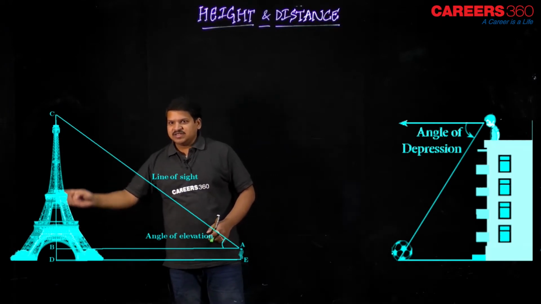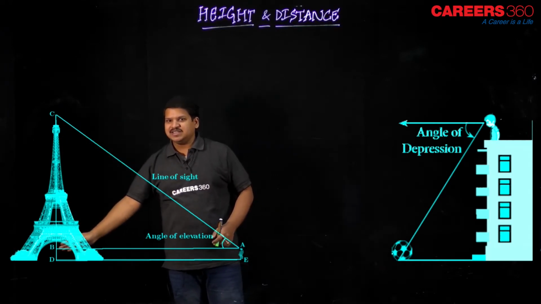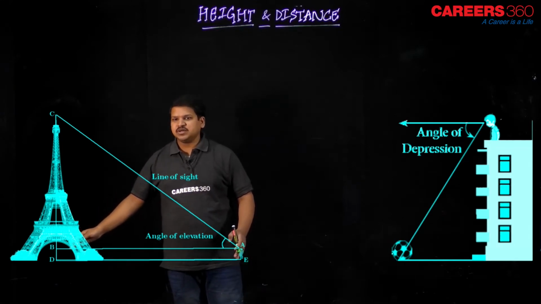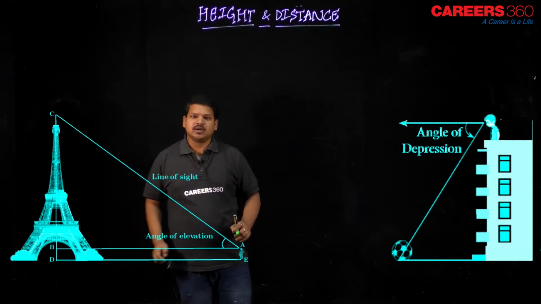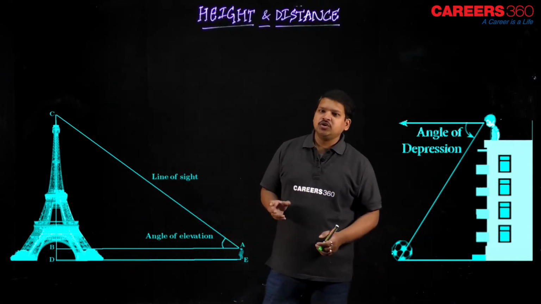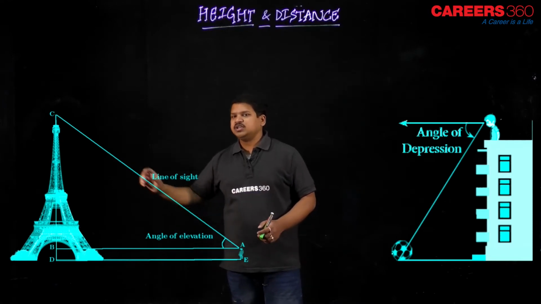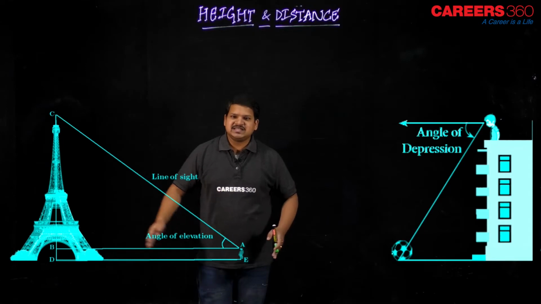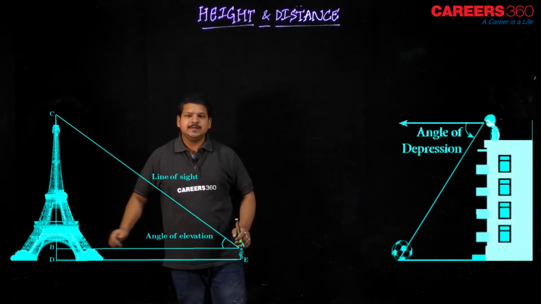As you can see, here is the height, and this is the distance from the base of the Eiffel Tower to the observer. So using some trigonometric ratio, I can definitely find out the relation between the height and the distance, that is AB or ED.